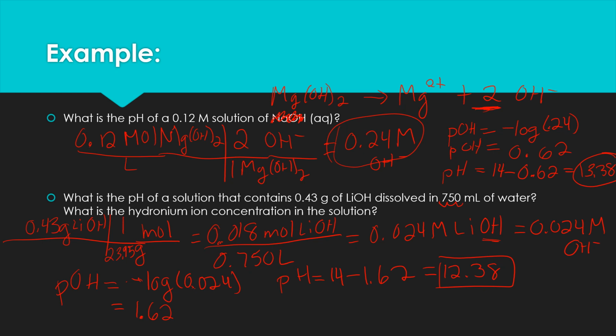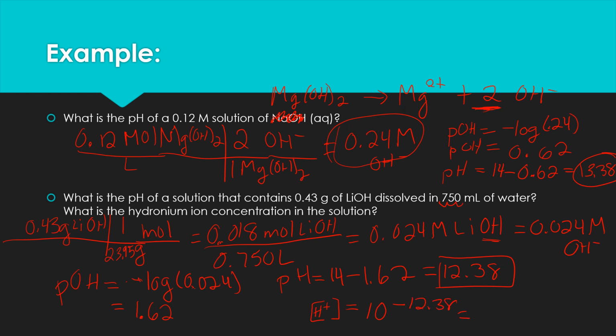So that's the pH. It asks for the hydronium, the H3O plus, or that's the same as the hydrogen ion concentration in the solution. So remember, this is in water, and that hydrogen and hydroxide form an equilibrium in water. So if we want our hydrogen ion concentration, then we need to undo our pH. So we're going to do 10 to the negative 12.38.